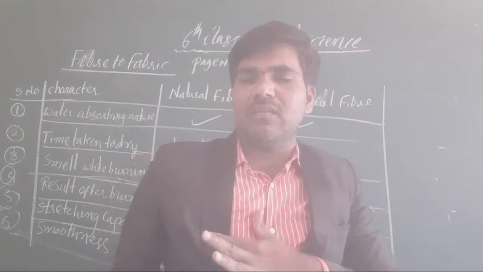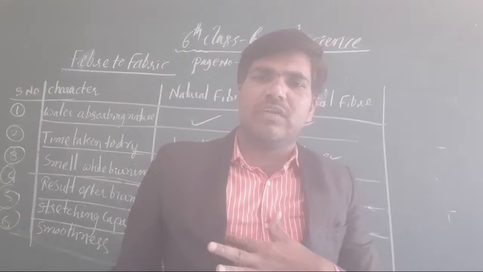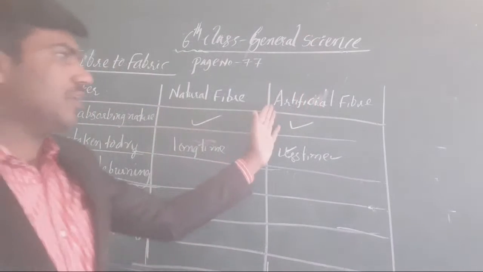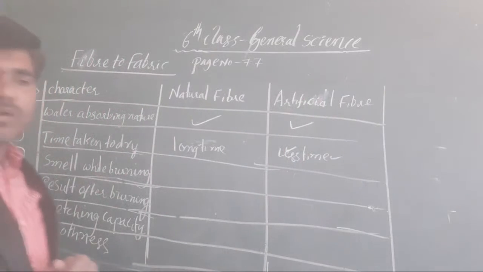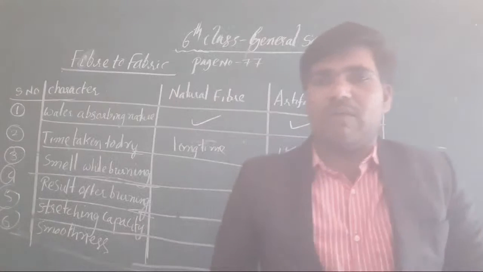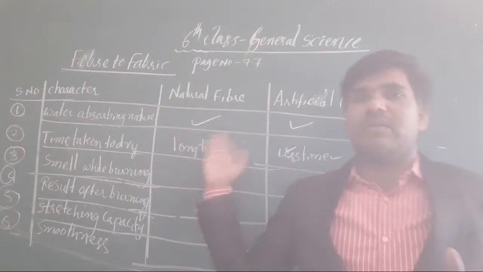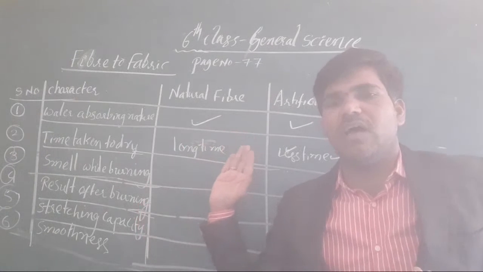But cotton does not look smooth. Check once the characteristics of natural fibers and artificial fibers. It is very important, because from the characteristics we conclude which one is artificial fiber and which one is natural fiber.